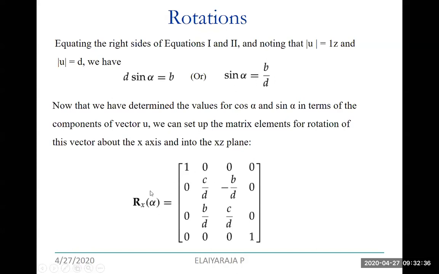Rotation with respect to x-axis is going to be 1 0 0 0, 0 cos theta minus sin theta 0, 0 sin theta cos theta 0, 0 0 0 1, where in place of cos theta the value is going to be c by d, in place of sin theta the value is going to be b by d, and cos theta the value is going to be c by d, right?